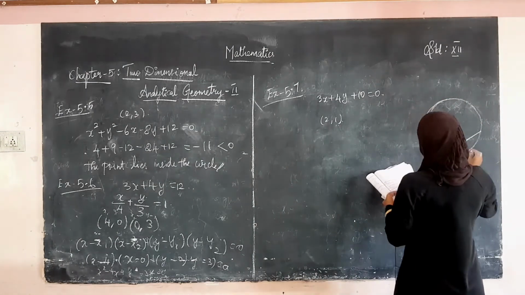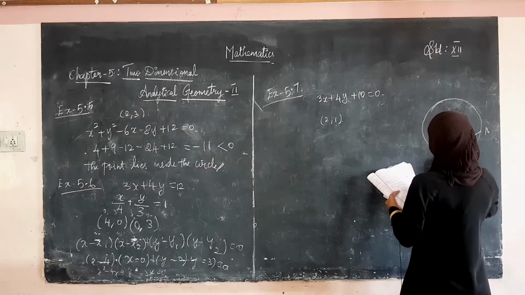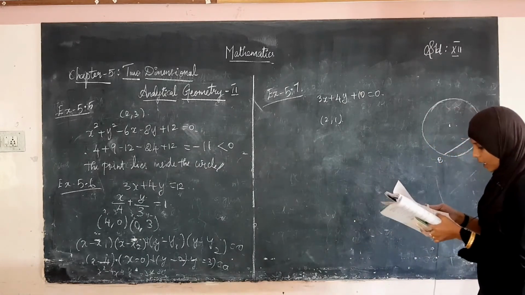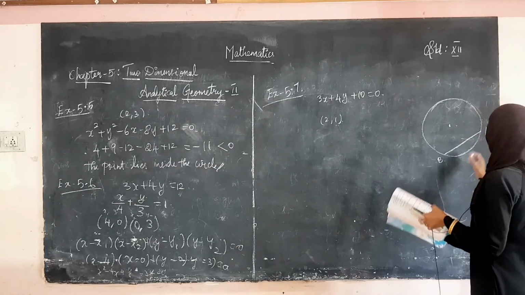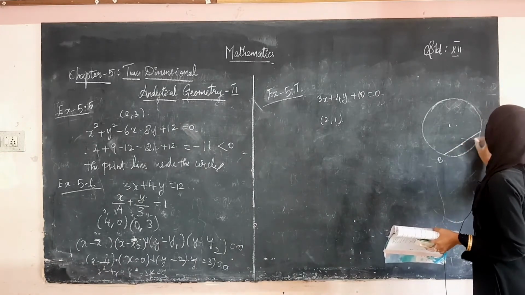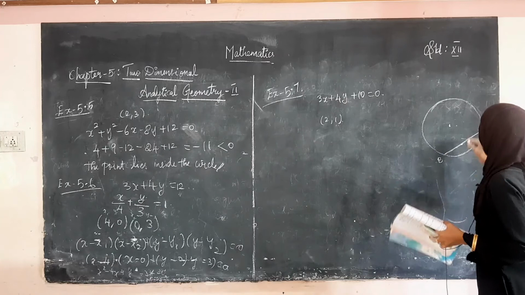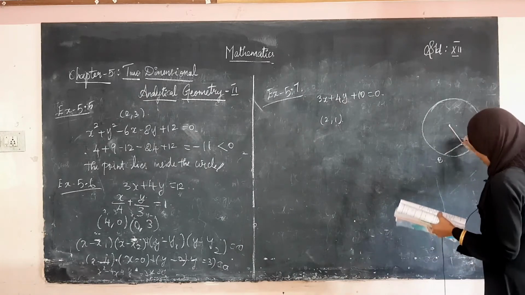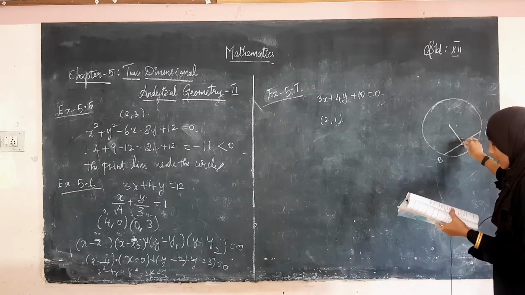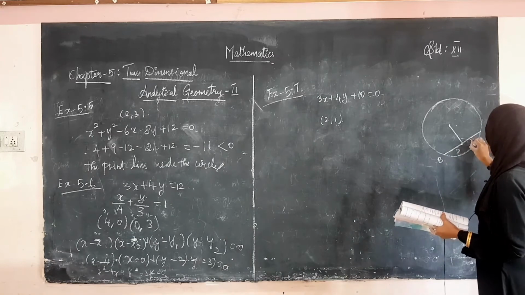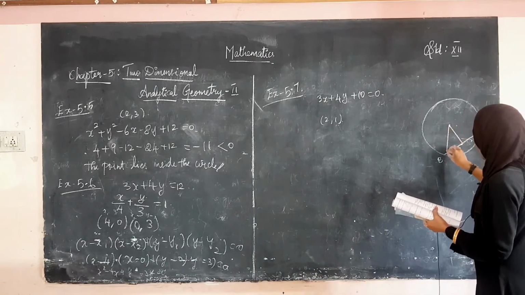Let A and B be the chord. So the line cuts the chord of length 6. Let the line be this line, and this is 3 units, and this is 3 units.